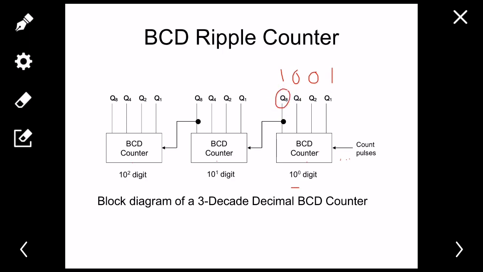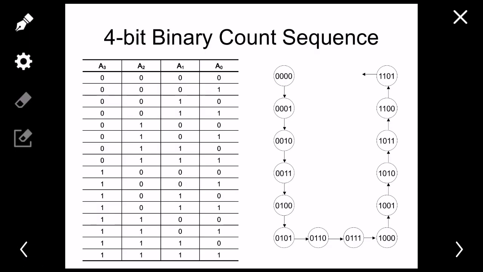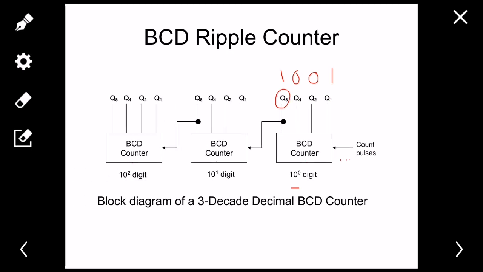If you see the construction of the BCD ripple counter, we have used negative edge triggered flip-flops, right? So see that right here, when the value is 9 at the first BCD counter, the Q8, the leftmost bit, is high in this position.